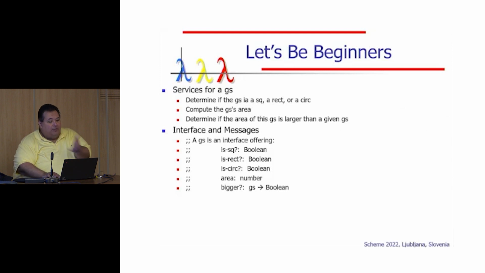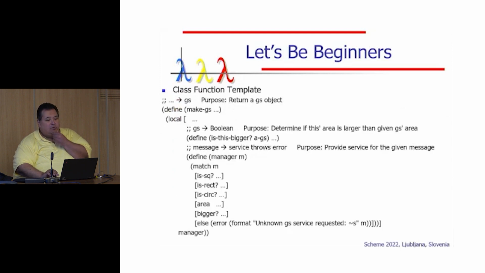So if you know this now, you can write a template for the class. Here's what it's going to look like. We're going to make some geometric shape with whatever inputs are needed by the type of geometric shape. And we're going to have a function that determines if this object is bigger than some given object.